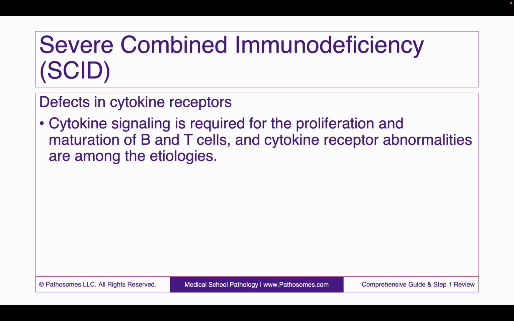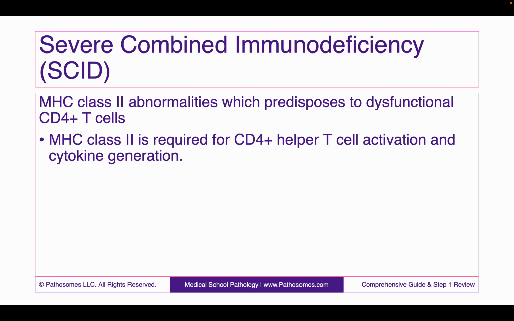Makes sense. And cytokine receptor abnormalities are among the etiologies. MHC class II abnormalities, which predispose to dysfunctional CD4 positive T cells. MHC class II is required for proper functioning of CD4 positive helper T cell activation and cytokine generation.